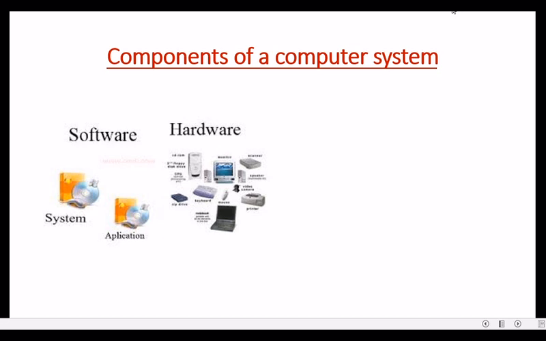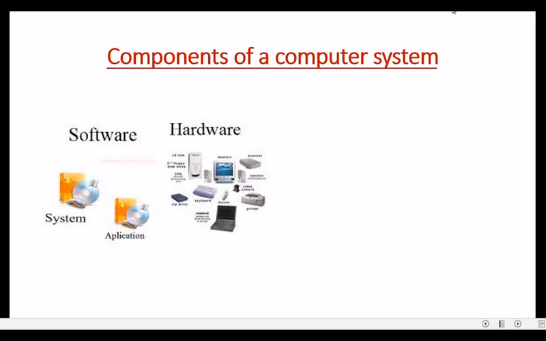First is hardware and the second is software. Hardware means the components that we can physically touch, that you have been learning since early childhood, and software we cannot touch. We can just feel it and do some work on it.